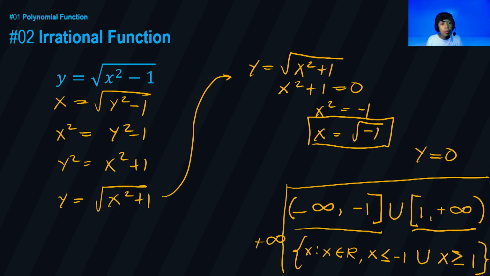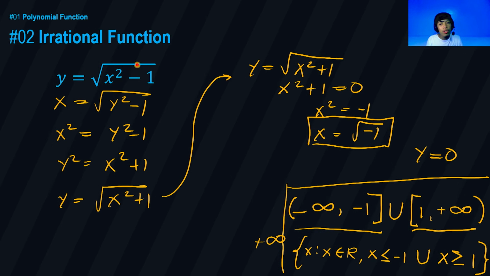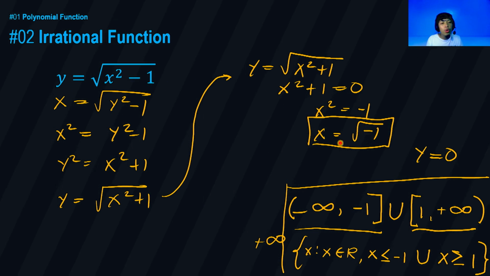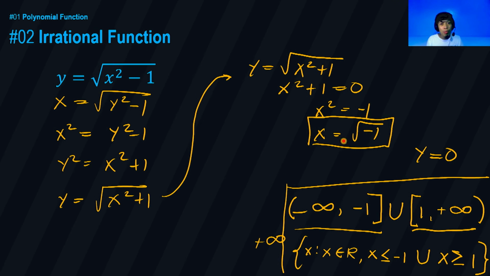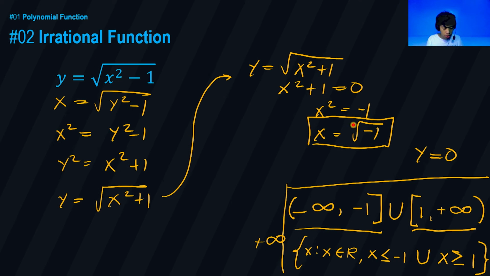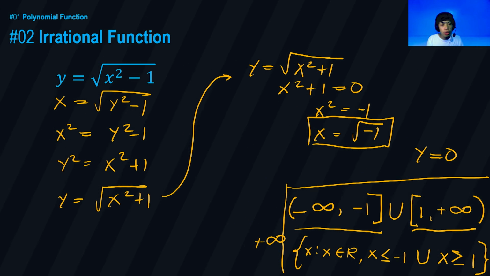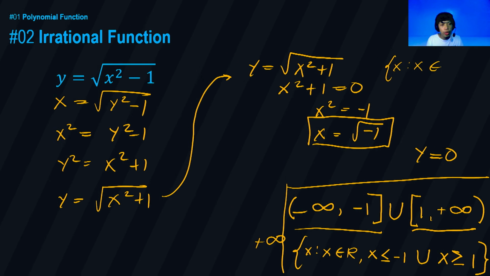Take note, ang domain na masosolve mo here is the range of the original function. Okay? So the domain here is all real number. All real number ang domain niya. Okay? So you would say x such that x is all real number.